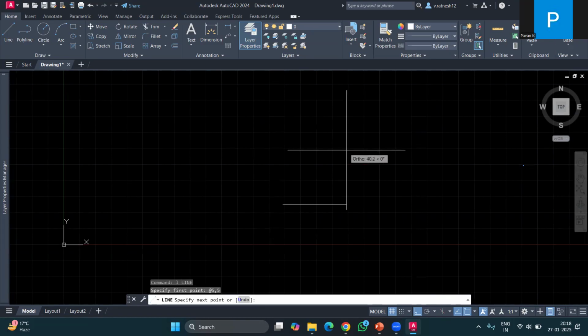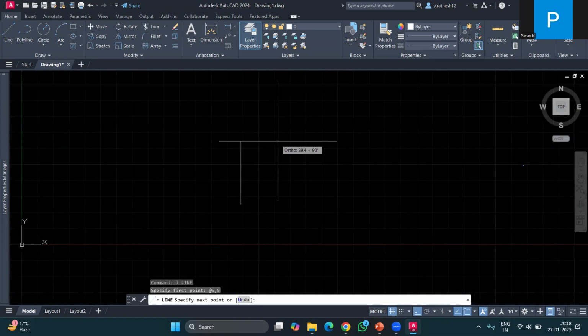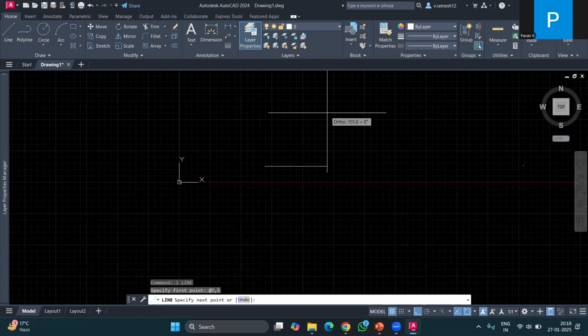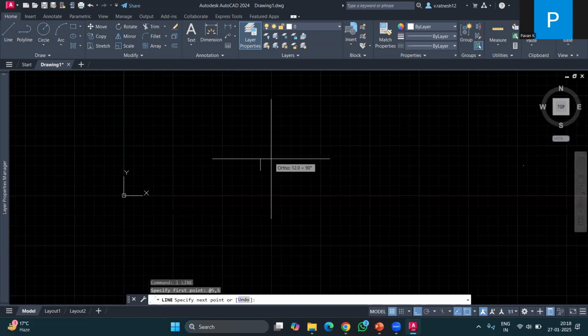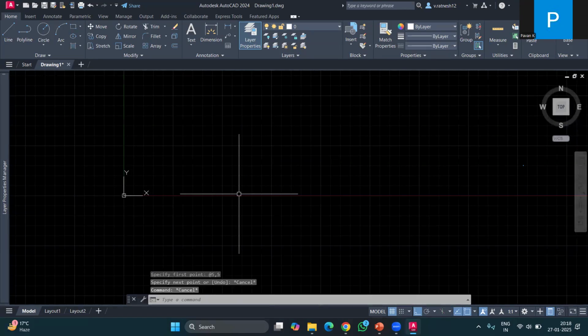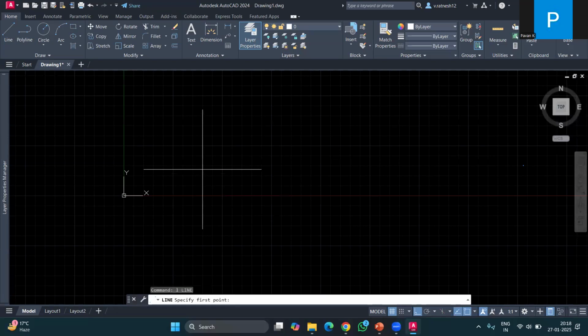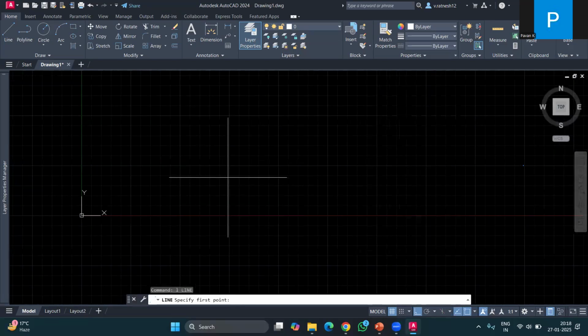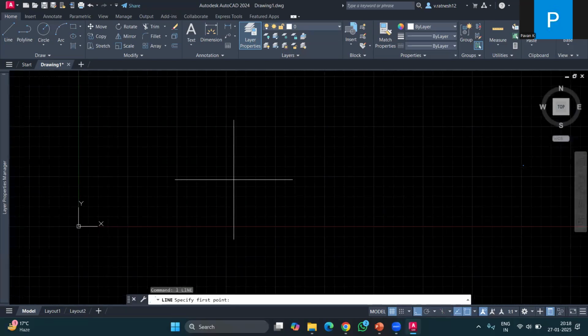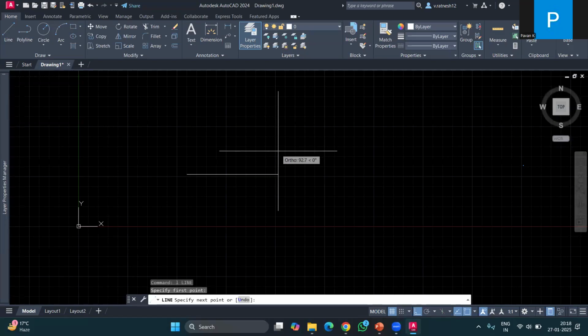This is the value 5 comma 5. It is not considering this point; you can put your cursor anywhere, it will take its default location in the coordinate system. This is my start point. Now from here, if I give any value, it will count from here.